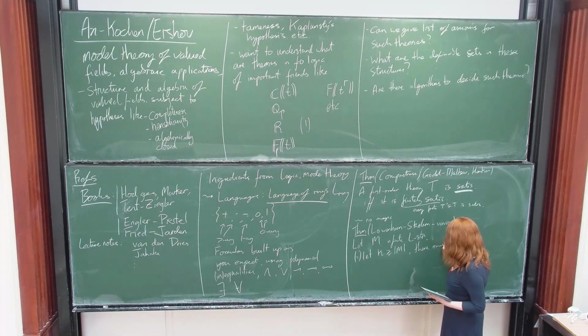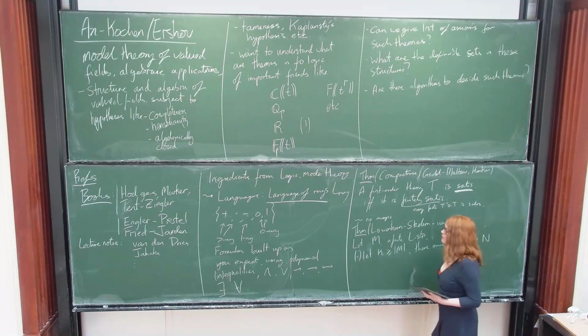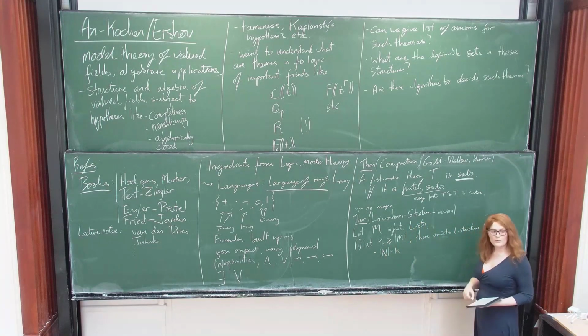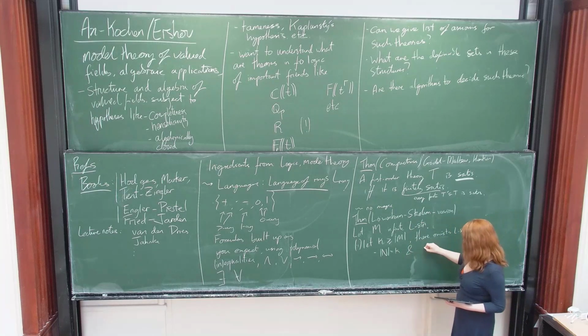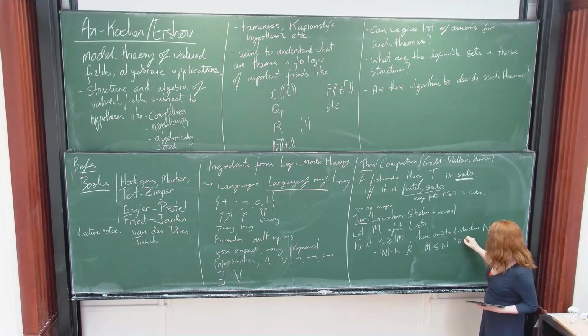There exists another L structure, N, with big cardinality, and which is a logically nice extension of M. We write that like this, and now I'll tell you what it means. This is an elementary extension.